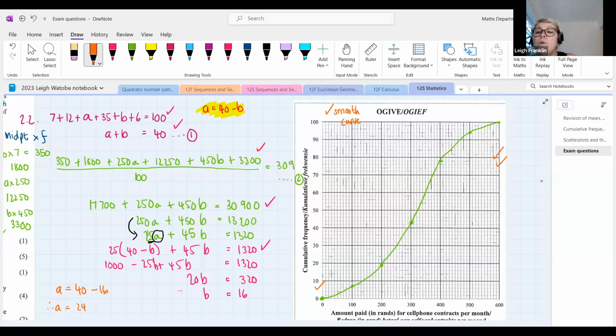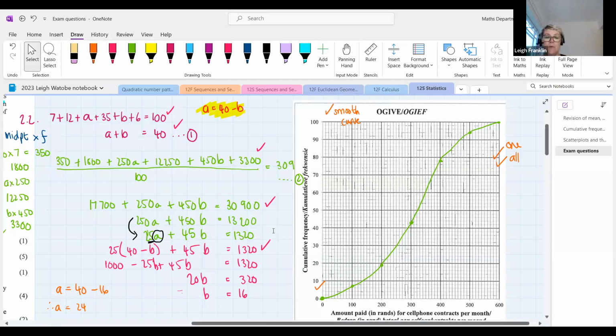You'd get 2 marks if you plotted all correctly, and maybe 1 mark if you plotted 1 correctly. That's how that would be marked. Everybody happy with that?